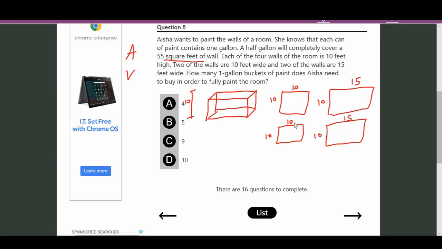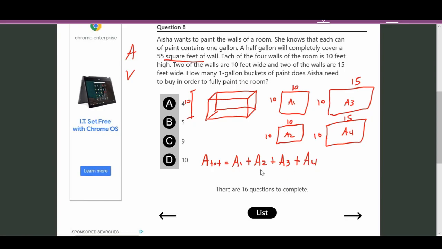So in other words, this is what we need to do. I'm going to call this area 1, area 2, area 3, area 4. To find the total area, we're going to do area total equals area 1 plus area 2 plus area 3 plus area 4.